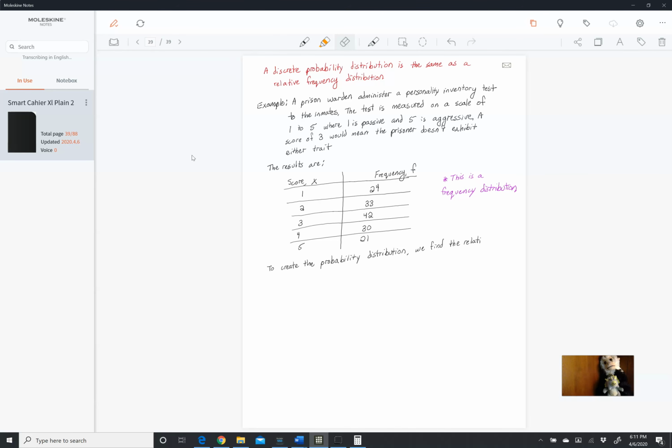In order to find the relative frequencies, we're finding what percentage of the population scored a 1, what percentage of the population scored a 2. And we're not really calculating a percentage because we're talking about probability, so we're going to leave it as a decimal. So in other words, first we have to find the sum of the frequencies, because we have to know how many inmates there were.